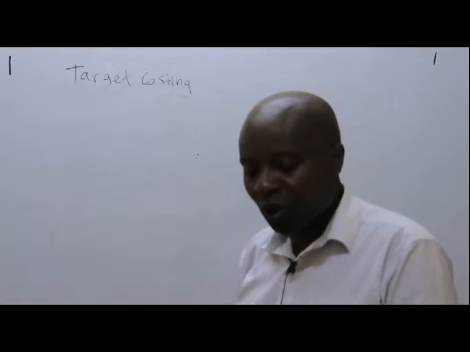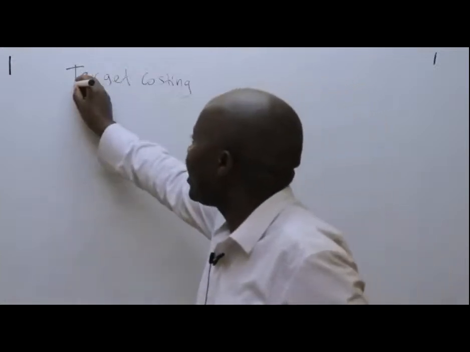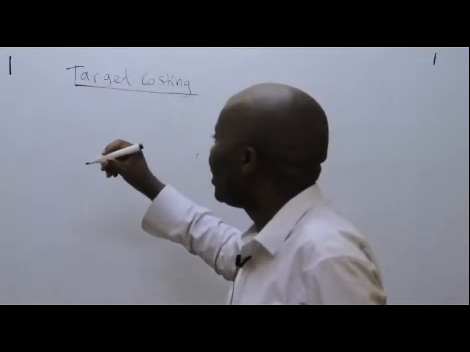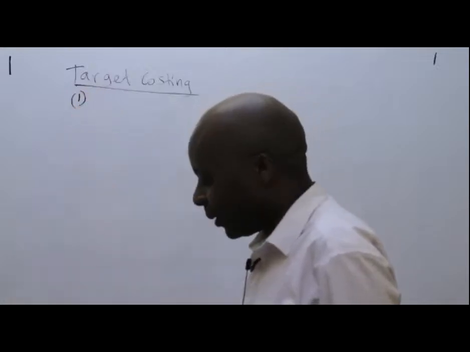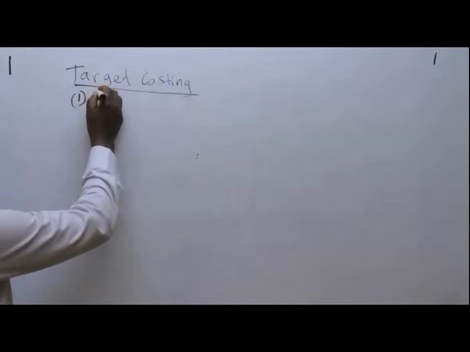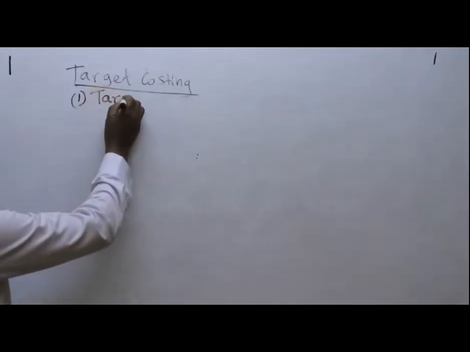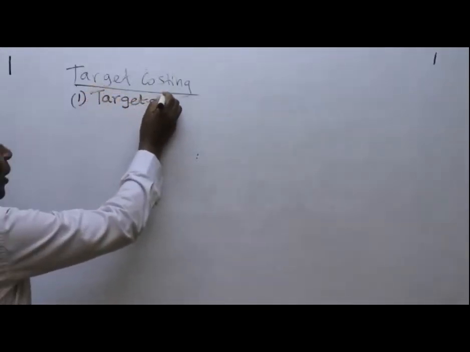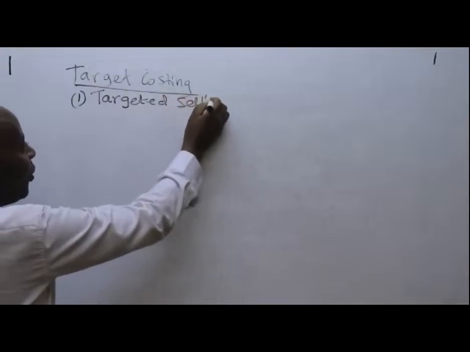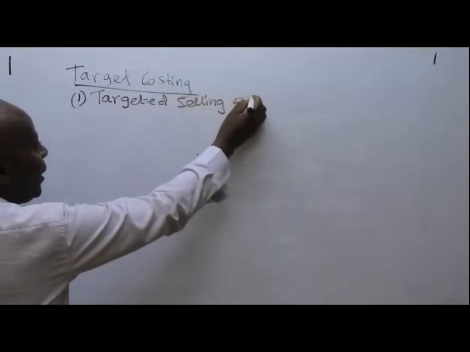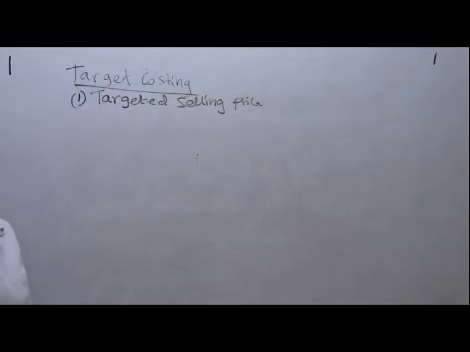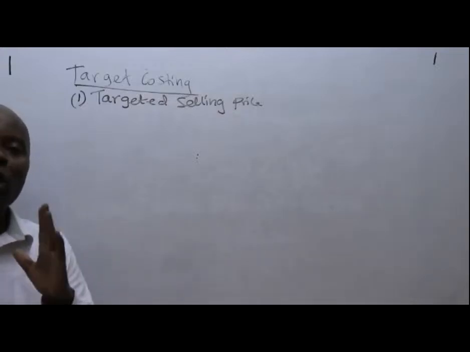Under target costing, step number one will be identification of the targeted selling price. You go to your competitors to be.